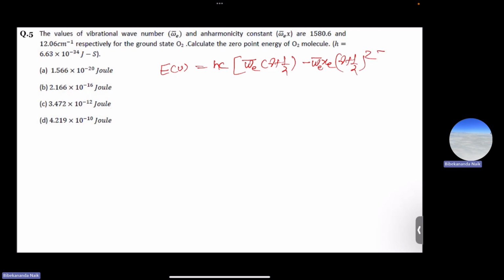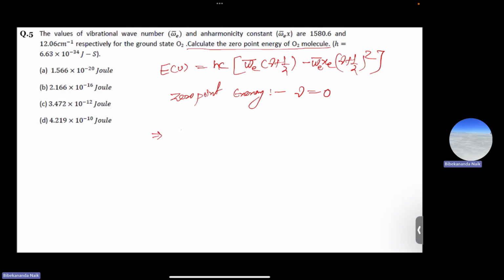So this is the expression corresponding to a particular value of V. Now here the question says calculate the zero point energy of the oxygen molecule. For zero point energy, the value of vibrational quantum number V is 0.